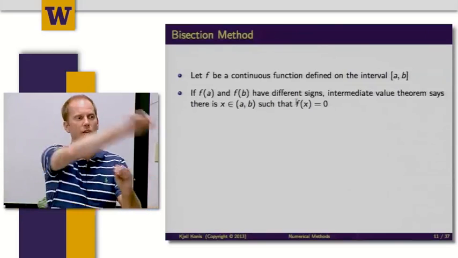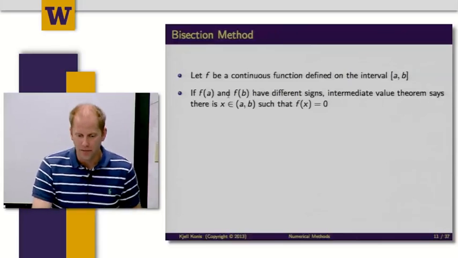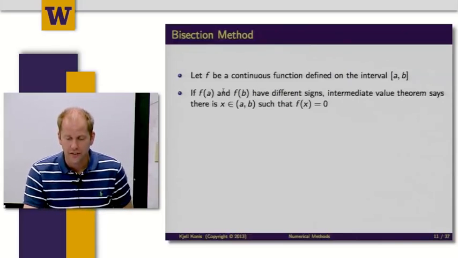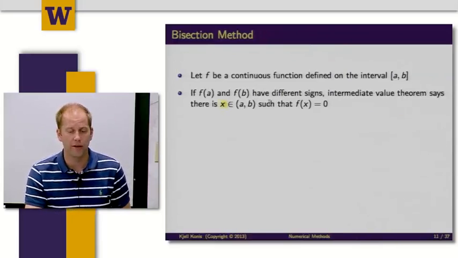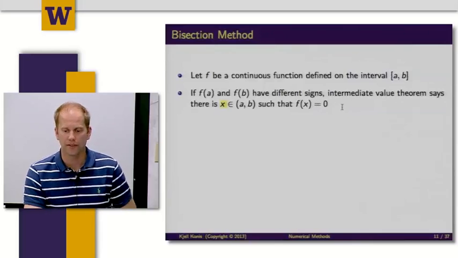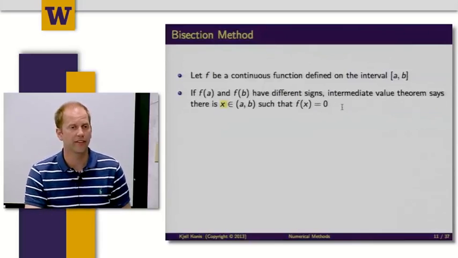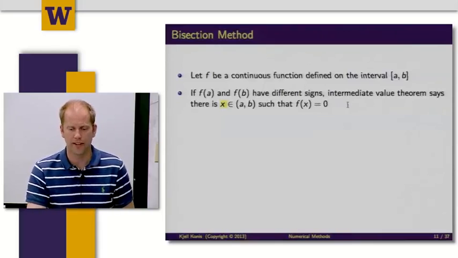It's cheating to go around like that. So if f(a) and f(b) have different signs, then there has to be some point x in the interval [a, b] where f(x) is equal to 0. And bisection is going to be an algorithm for finding that point x.